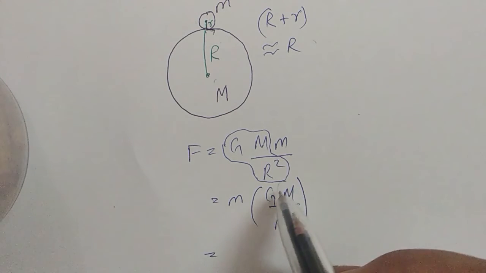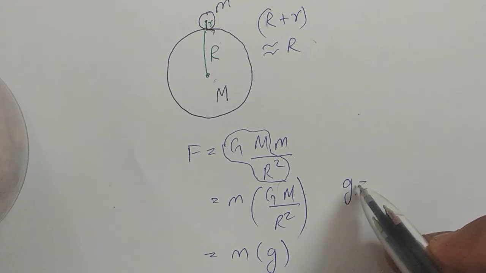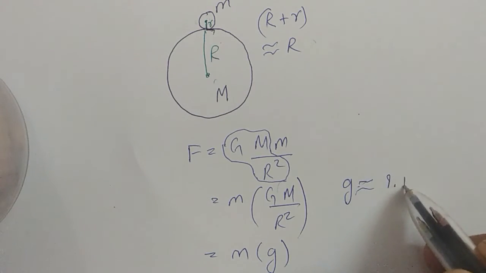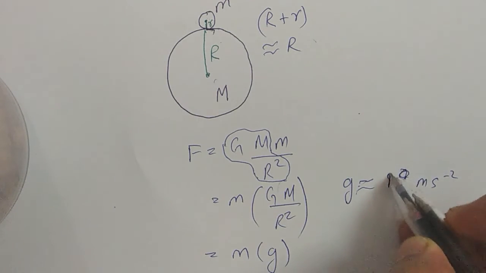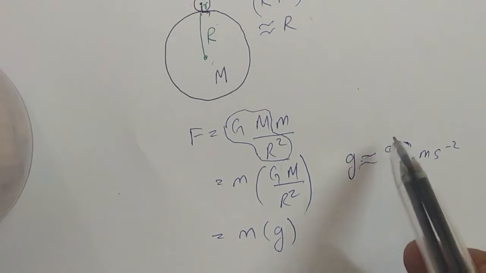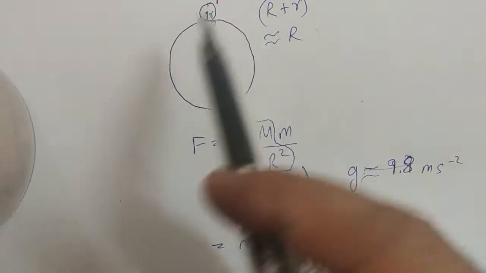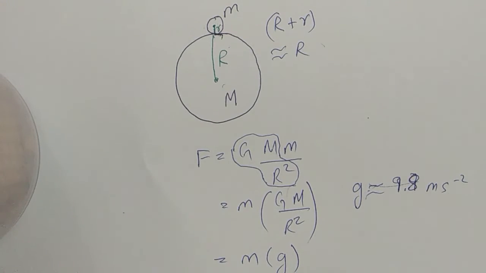So this value is given by g, which is approximately equal to 9.8 meter per second square. This we know is the acceleration due to gravity that every object experiences on the earth's surface. Thus the weight of this object is equal to its mass into gravity.